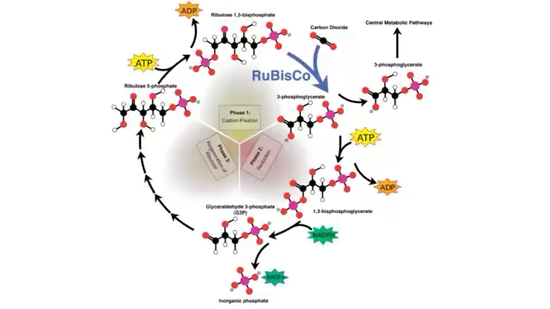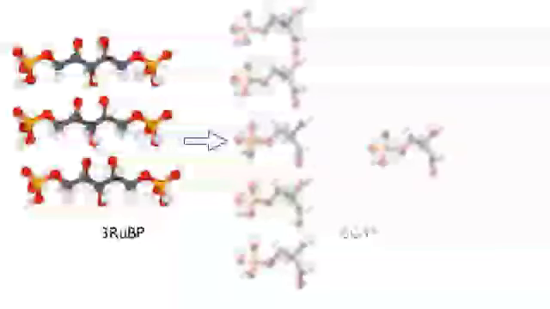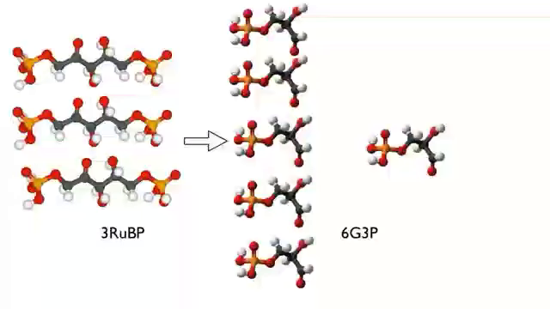Okay, so let's just talk about numbers for a second. If you have 3 RuBP molecules entering the cycle, you can make 6 glyceraldehyde 3-phosphates, 6 G3Ps, but it costs you 5 of those to make the 3 RuBPs. So that's actually the cyclical part of it.